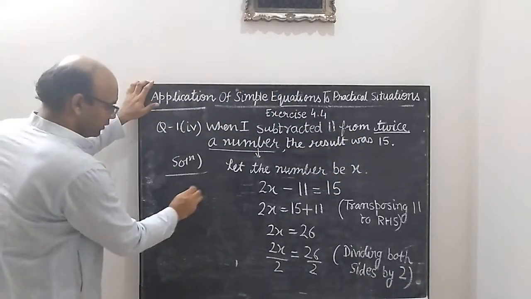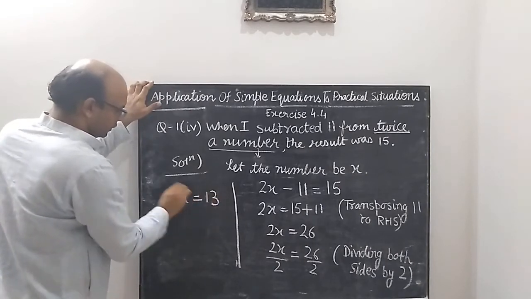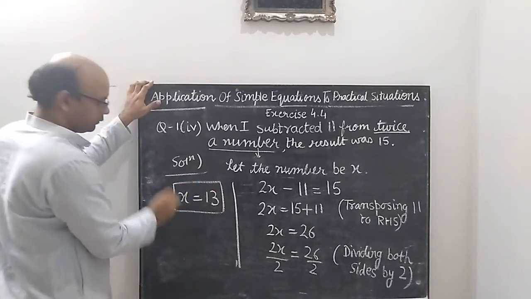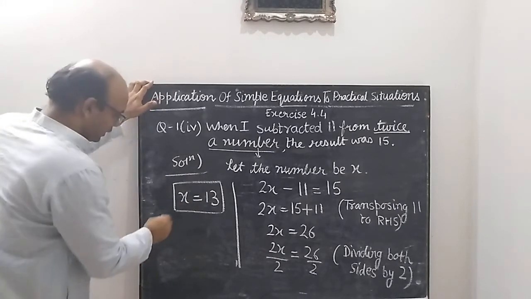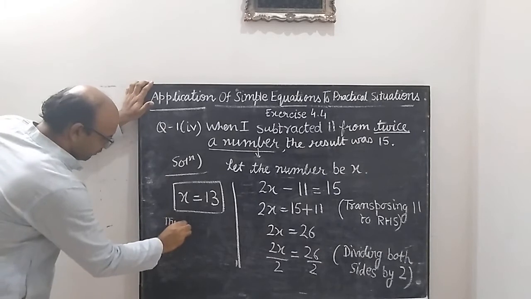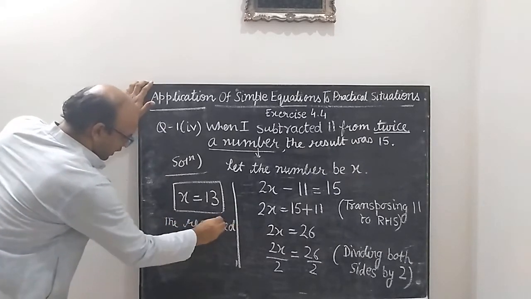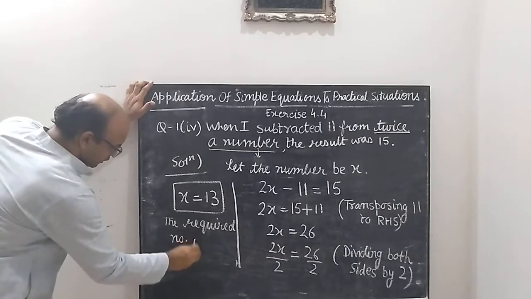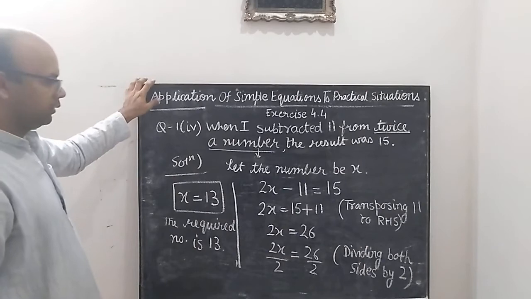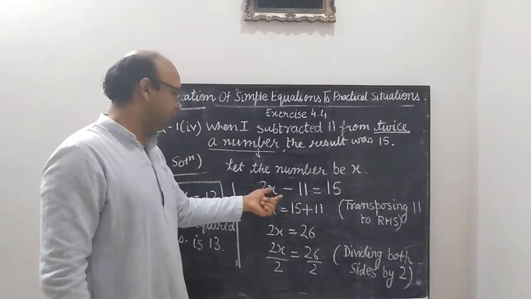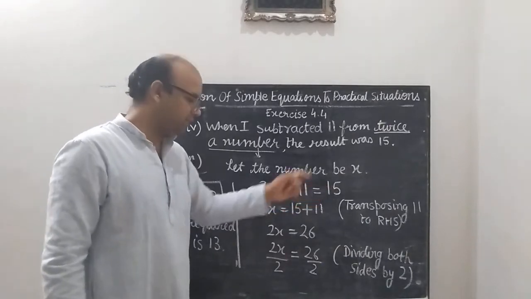And we have x is equal to 13. This is what we get, x equal to 13, and we write the required number is 13. You can check your answer. 13 cross 2 is 26, and 26 minus 11 is 15.